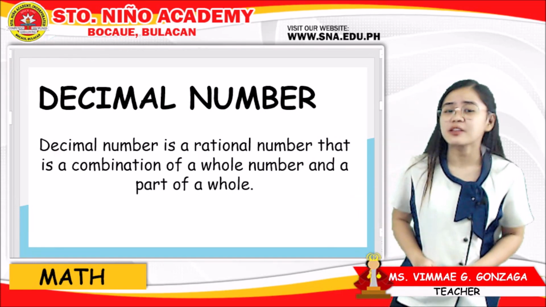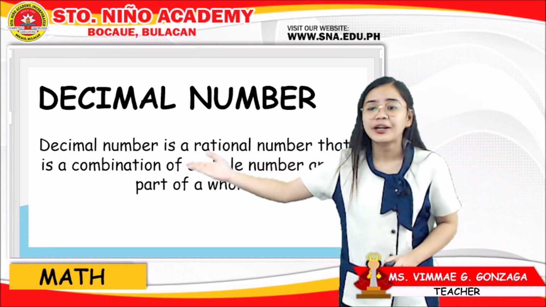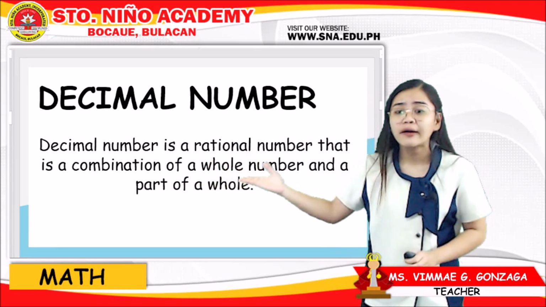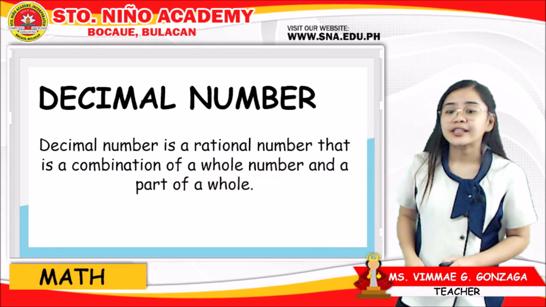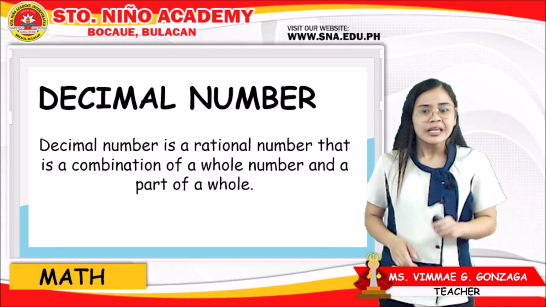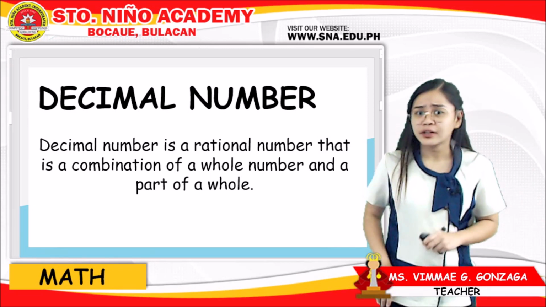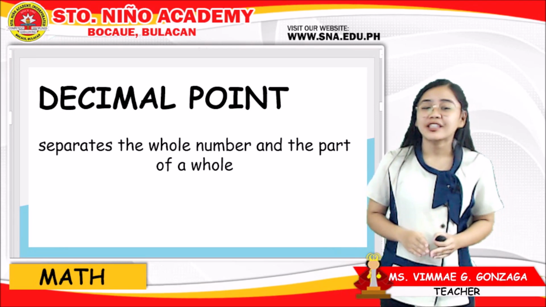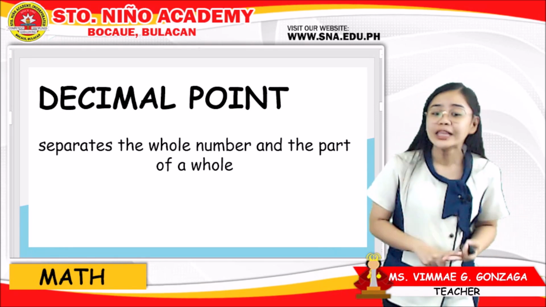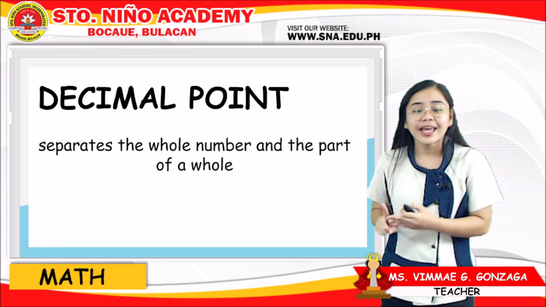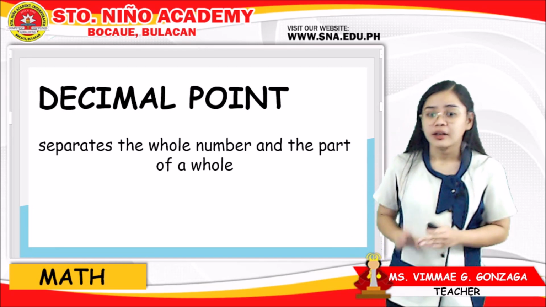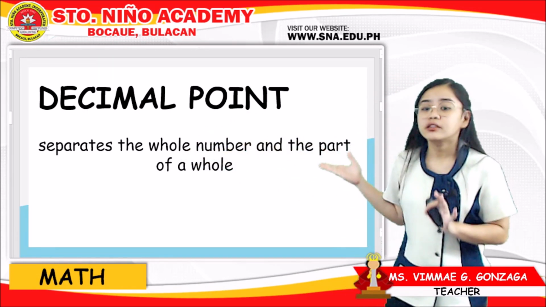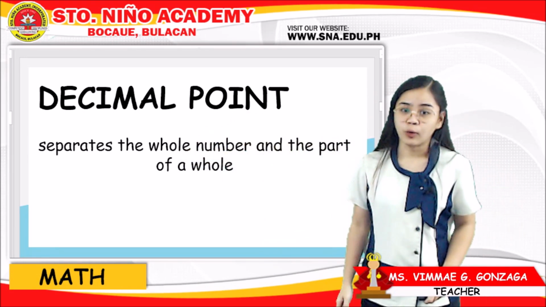A decimal number is a rational number that is a combination of a whole number and a part of a whole. And aside from decimal number, of course, we have the decimal point. The decimal point expresses the differentiation between whole number and the less than whole number. The decimal point separates the whole number and the part of a whole.